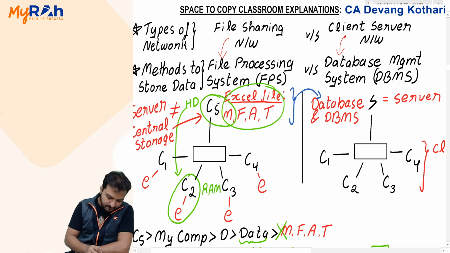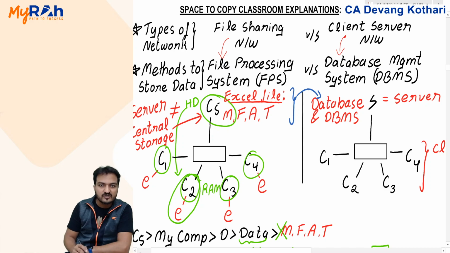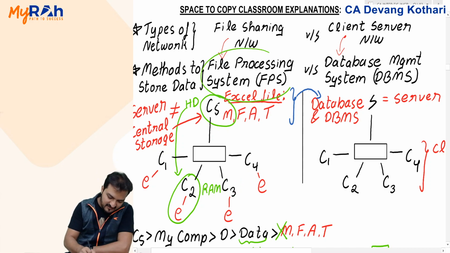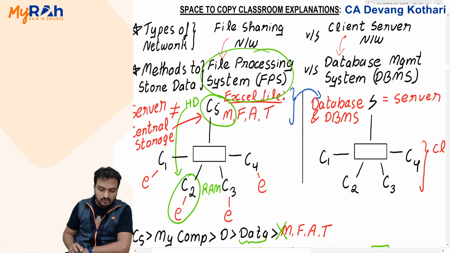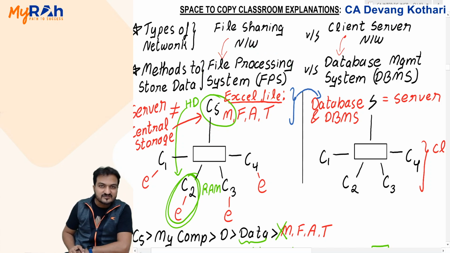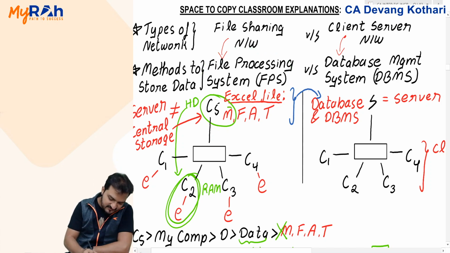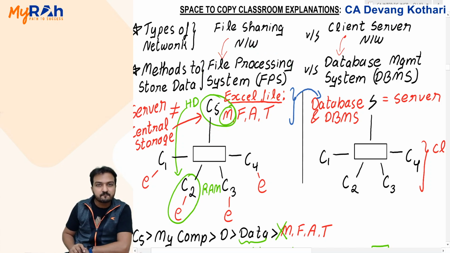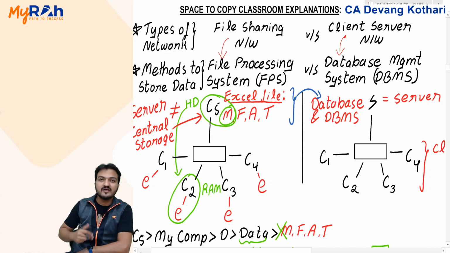I have four employees: employee 1, 2, 3, and 4. Each of the employees has a computer. As per the file processing system, when employee 2 sitting on computer C2 wants to access, say, this master file, how will he access that master file?